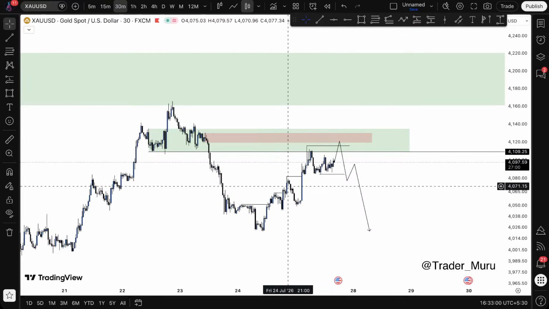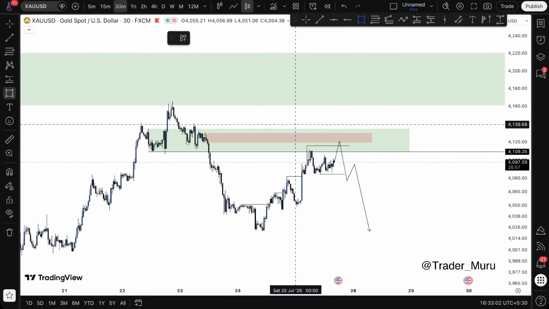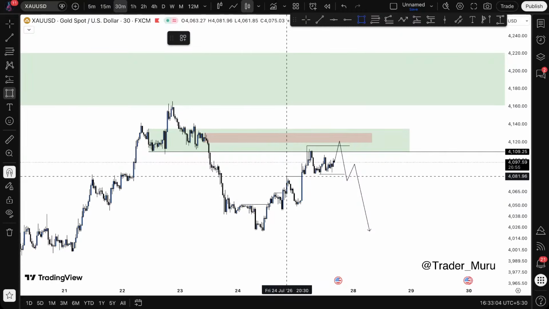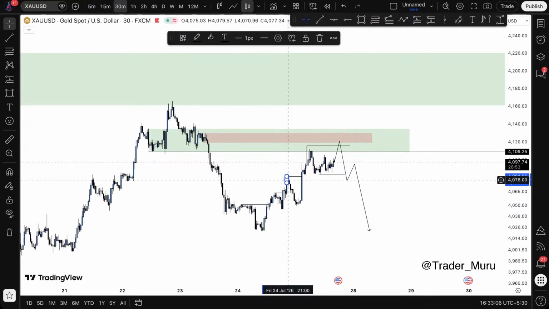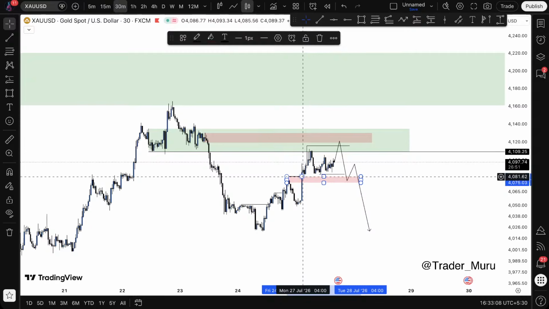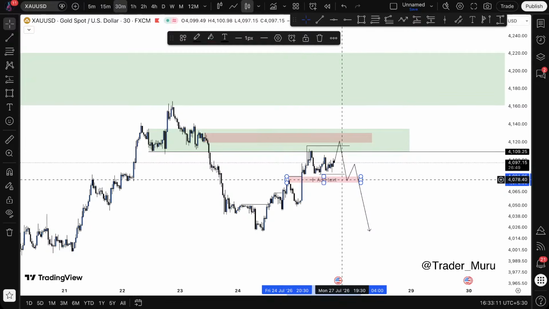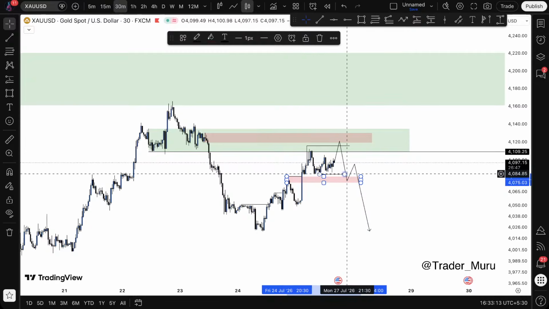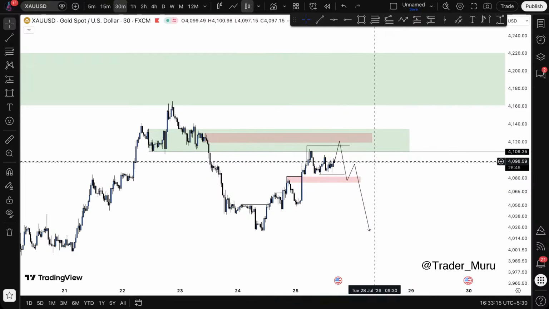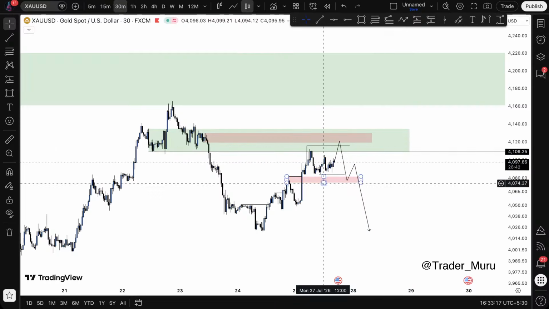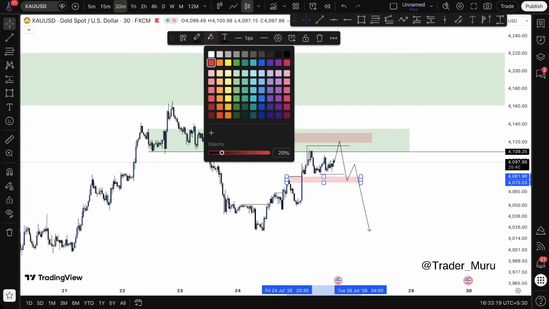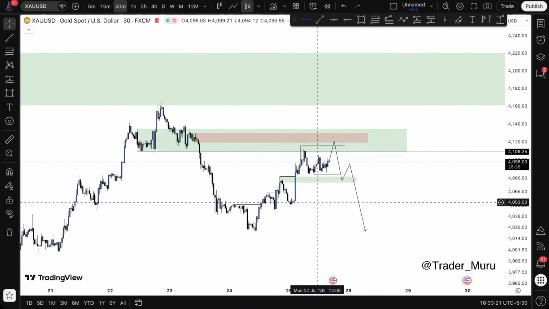If it drops and tests this area, this green zone at this previous high, sweeps this equal low, tests this area and reclaims this area again, we can buy gold for the target of this high. Okay, so this will be our buying interest area.